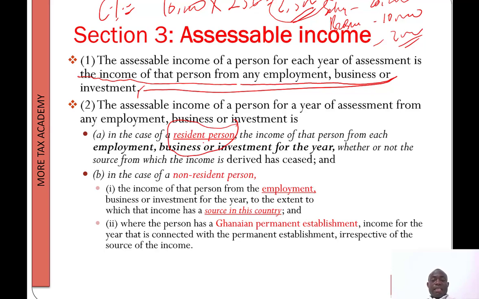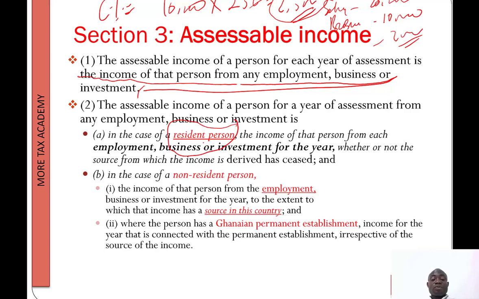So if you are a resident person, your worldwide income, we are going to see it as assessable income, and we are going to subject it to tax. What that means is that as long as you're a resident, whether the income is coming from Ghana or Canada or Australia or Singapore, it is subject to tax in Ghana.